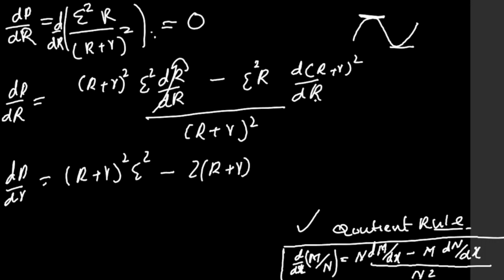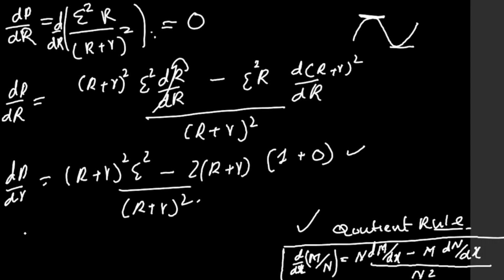Okay, and then it will give us 1 plus 0, divided by (R plus r) whole square. So okay, this is already squared, so it will become power 4. Okay, this was a mistake, and here we missed something, EMF square.